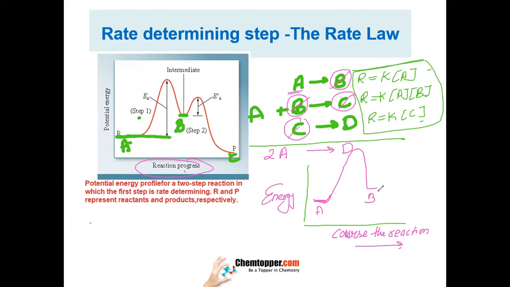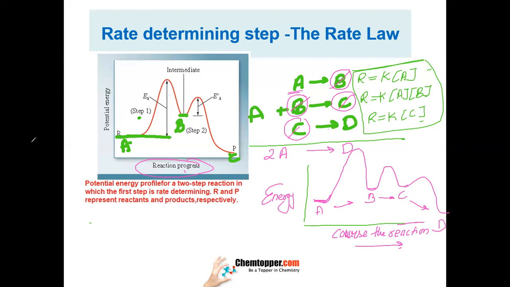B is formed, and this is C and D. How many steps in this reaction? From the energy profile. They will give you an energy profile. This is called a multi-step energy profile. You look at the energy profile and then you identify the steps. So A to B, B to C, C to D, 3 steps.